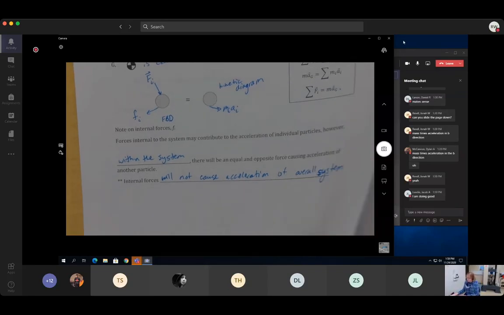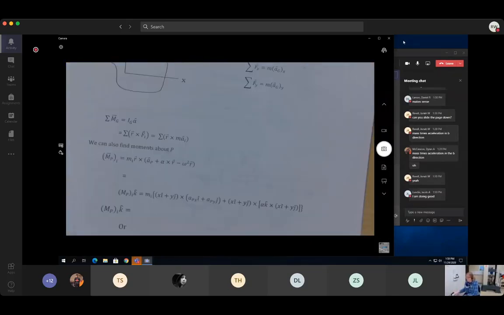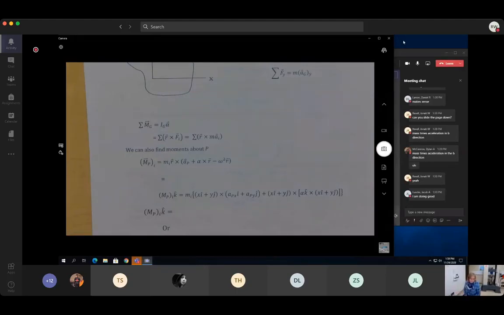Okay, so that's a little more detail with systems of particles. So we'll look at a little more detail of rigid body motion.